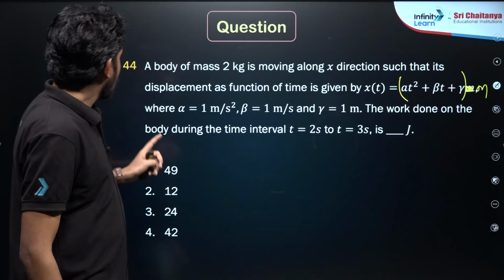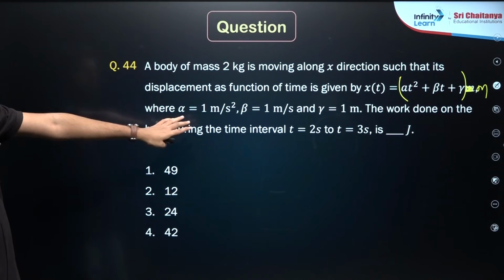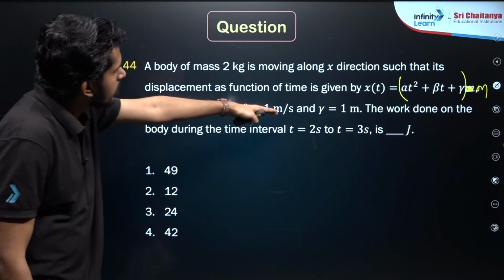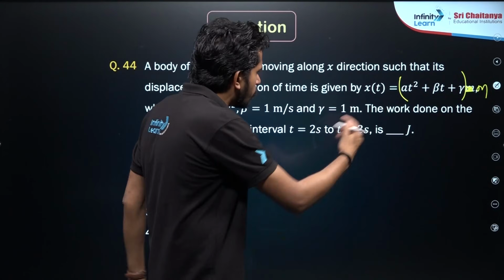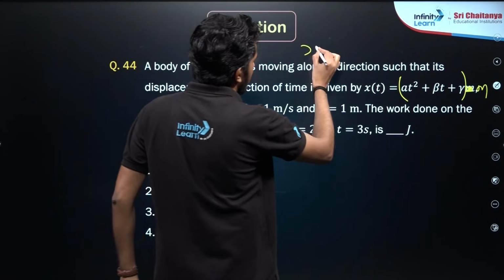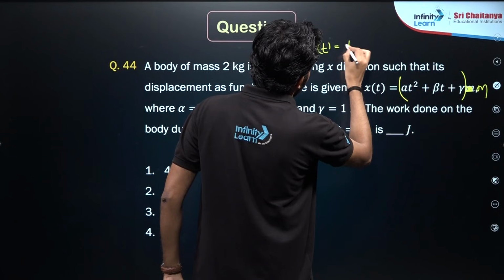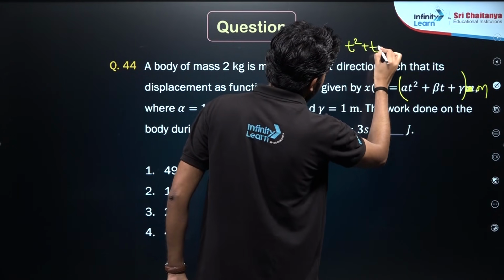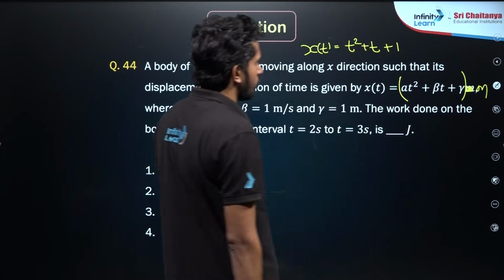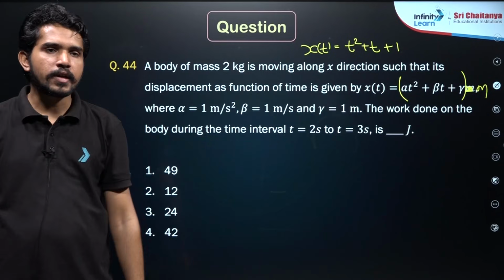Where alpha is 1 meter per second square, beta is 1 meter per second and gamma is 1. So basically its displacement is t square plus t plus 1, and this value is in meter.